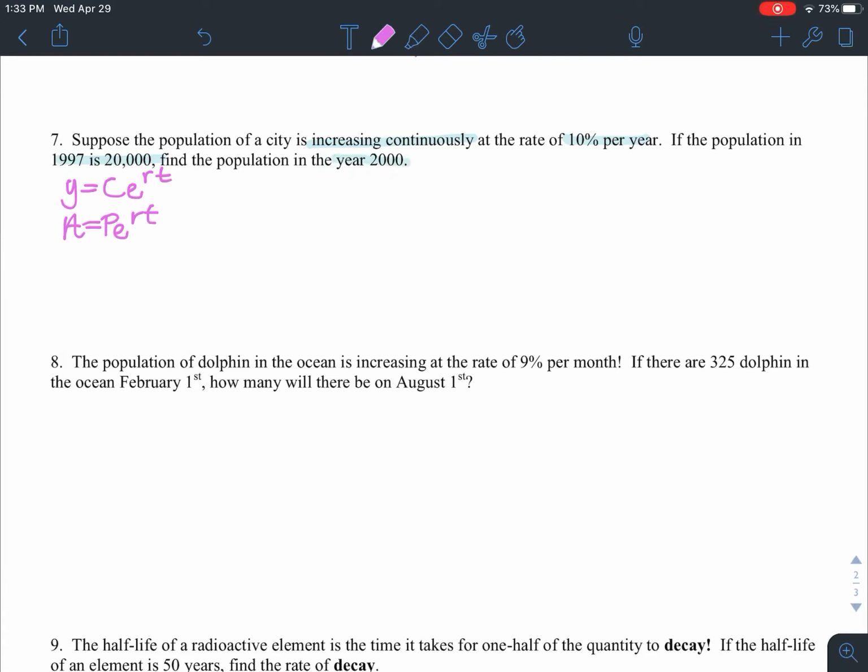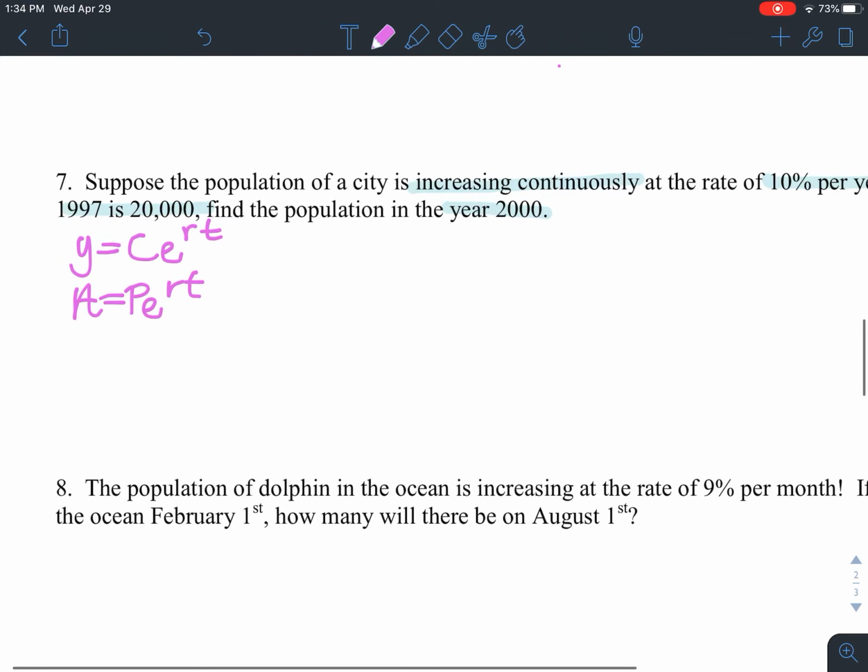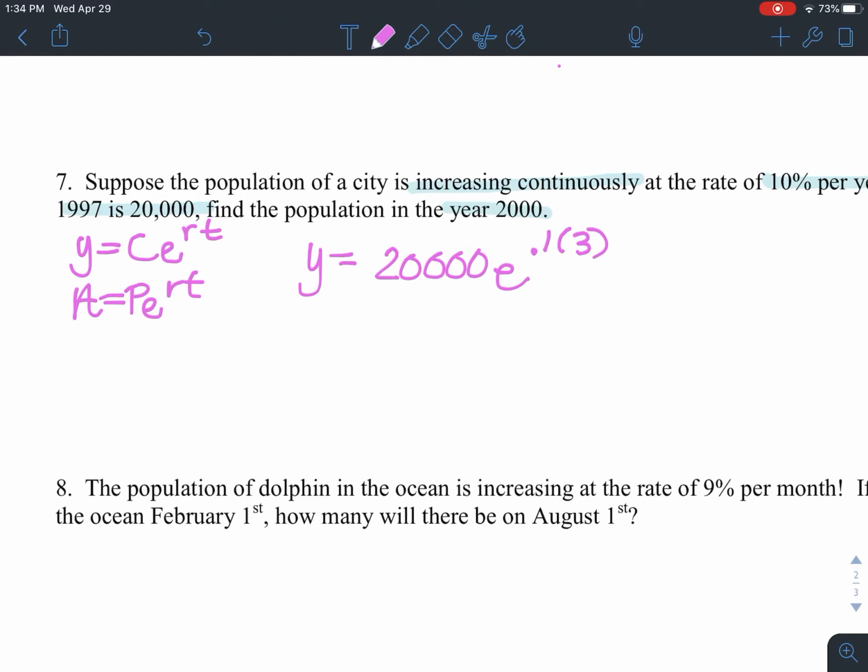All right, so we don't know our final amount. That's what we want to find. So y equals, well, in 1997, it was 20,000, e, our rate was 10%, so that's 0.1, and in 2000, from 1997, that was 3 years. Plug and chug that into your calculator.